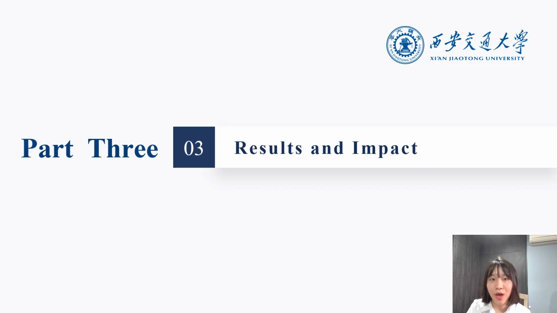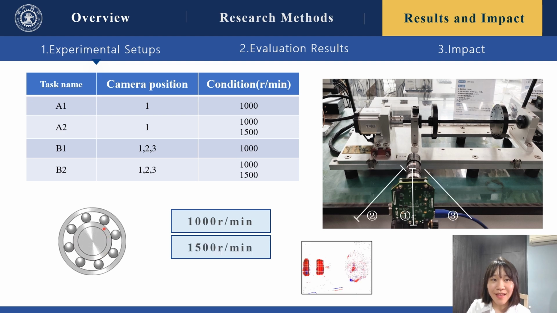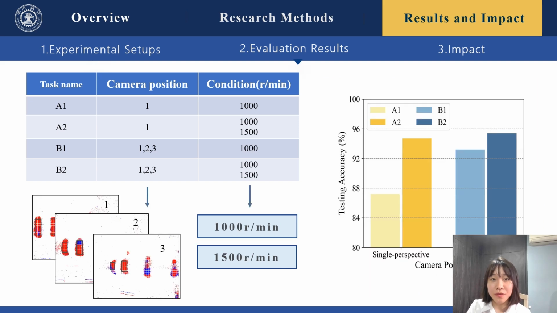Now let's talk about how we evaluated our method. Our results were highly promising. We evaluated 4 tasks, combining different camera angles and rotational speeds. Across all tasks, we achieved an accuracy of over 85% in diagnosing different fault conditions.